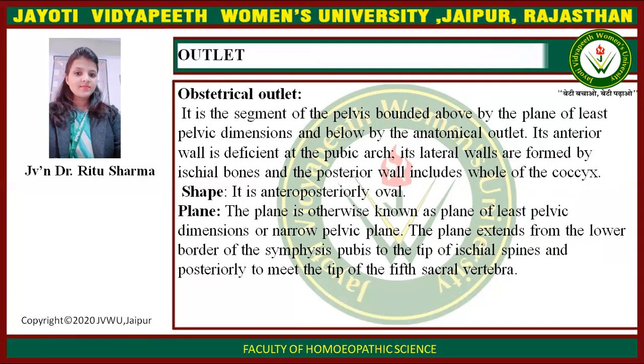Shape: it is anteroposteriorly oval. The plane is otherwise known as the plane of least pelvic dimension or narrow pelvic plane. The plane extends from the lower border of the symphysis pubis to the tip of the ischial spine and posteriorly by the mid to the tip of the fifth sacral vertebra.